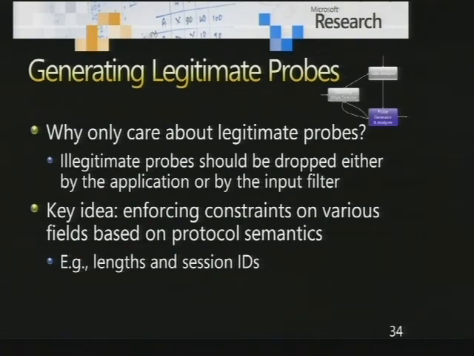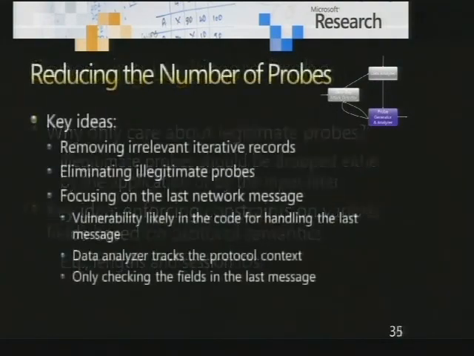For example, if you recall, in Tupni we enforce constraints on the input, saying this is a checksum field. Every time I change certain fields the checksum depends on, we need to fix the checksum too. Also the length field, which specifies the size of the record sequence. We enforce these constraints so that we get legitimate probes.